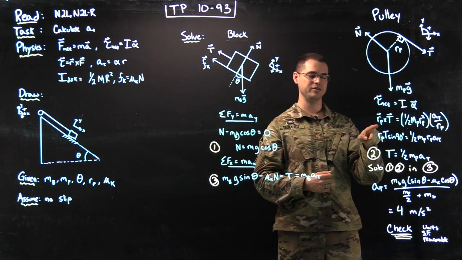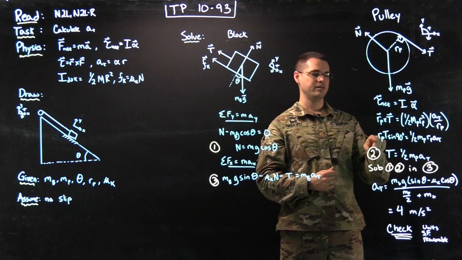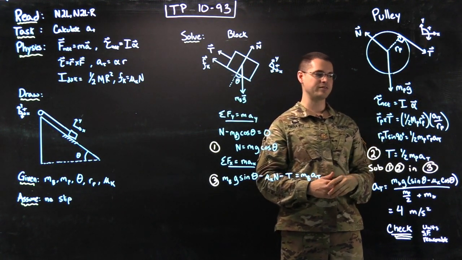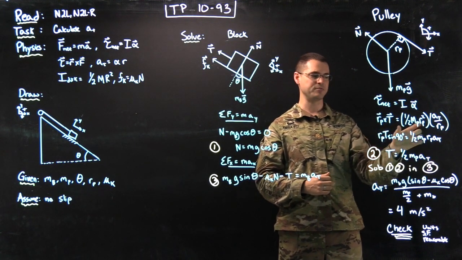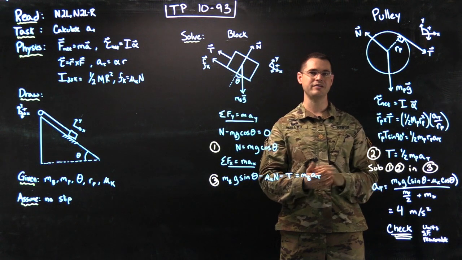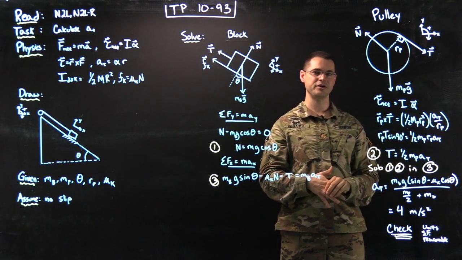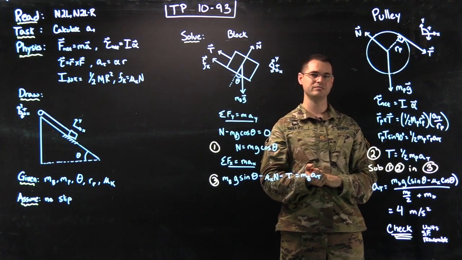And our torque due to the tension is the position vector for our radius crossed with the tension force. We can set that equal to the inertia of the pulley, which is modeled as a disk, so we can write that down from our original physics equations, times the angular acceleration, which is the translational acceleration divided by the radius of the pulley.